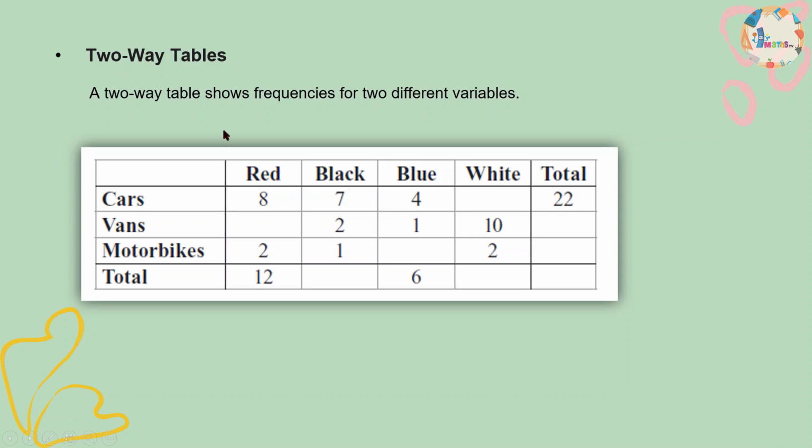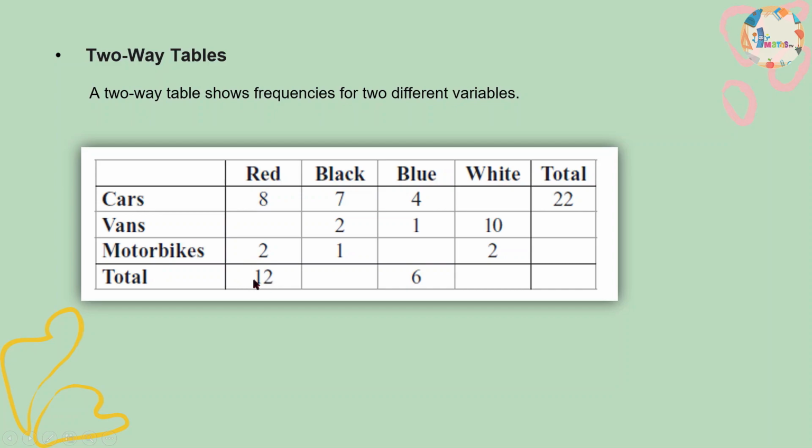Two-way tables are like this one, and this type of table shows frequencies for two different variables. For example, this one has red, black, blue, white. These are different variables, and cars, vans, and motorbikes are other variables.